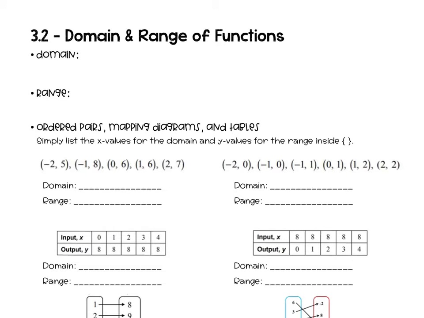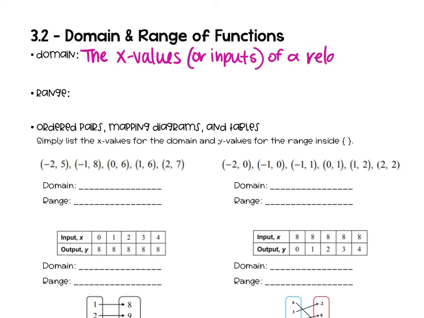Today we're learning about domain and range of functions. So I'm going to start out by just defining what those are. Domain is the x values. Remember that can also be called input of a, I'm going to say relation because it could still have those even if it's not a function.